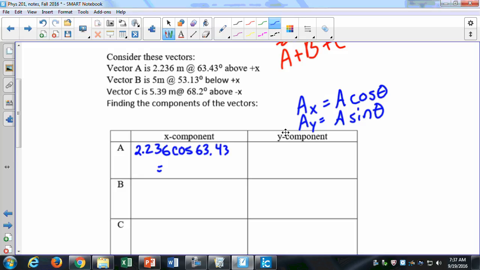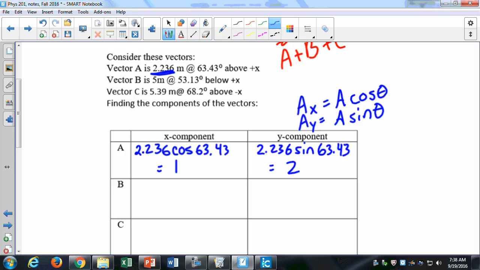And this works out to be equal to 1. And then the y component is 2.236, that's the magnitude, times the sine of 63.43. And this turns out to equal 2.